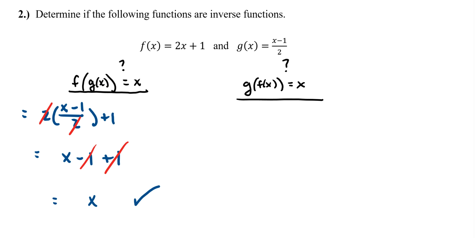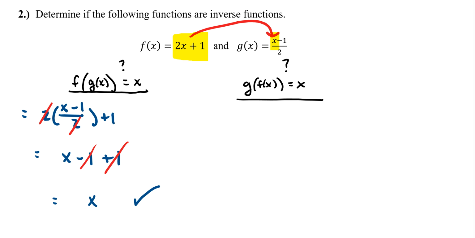Let's do the other way. g of f. So now we're starting with g, and we're going to plug in f into all of the x's in g. So just notice we're doing the exact opposite thing. We're starting with g, and we're going to substitute f into all of the x's in g.